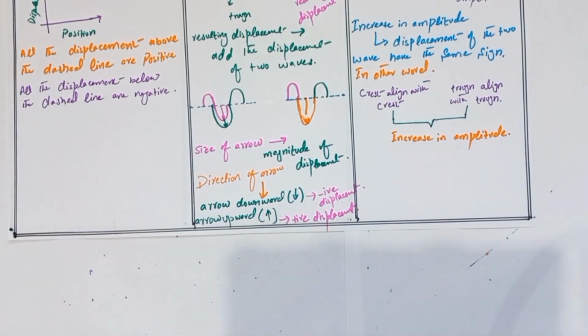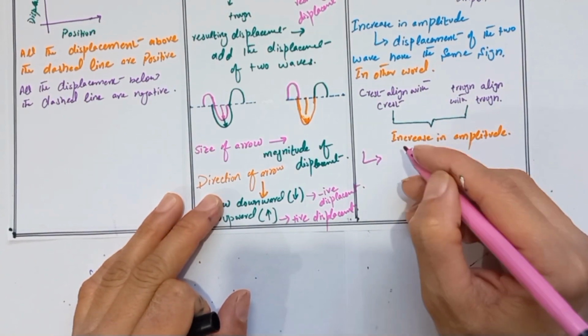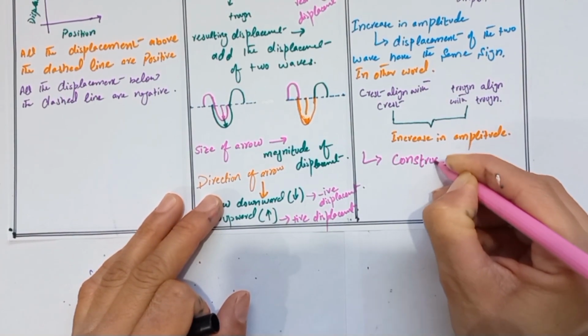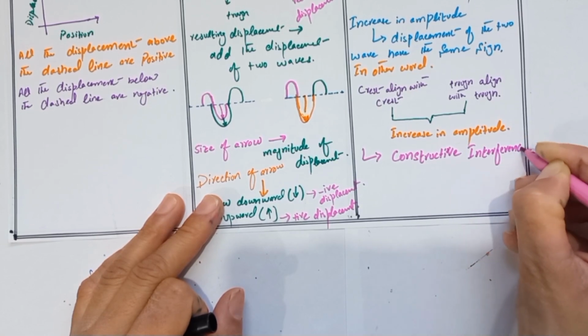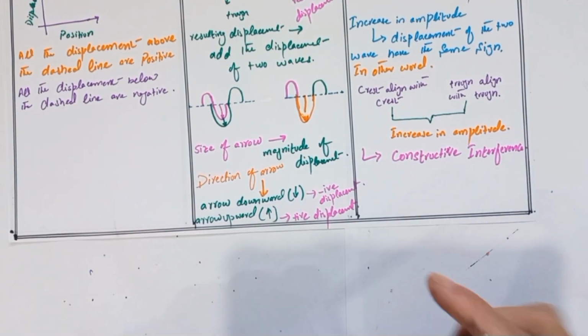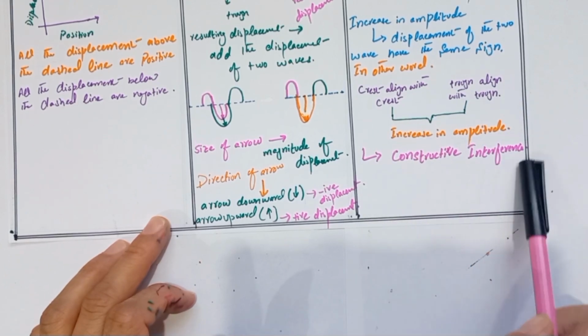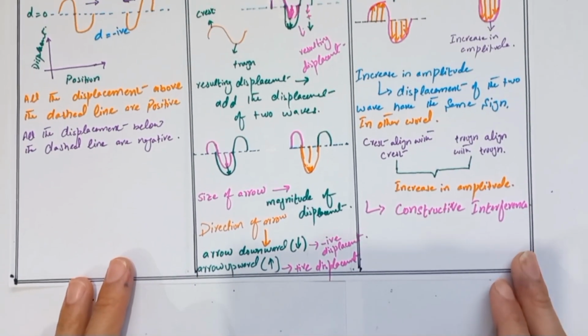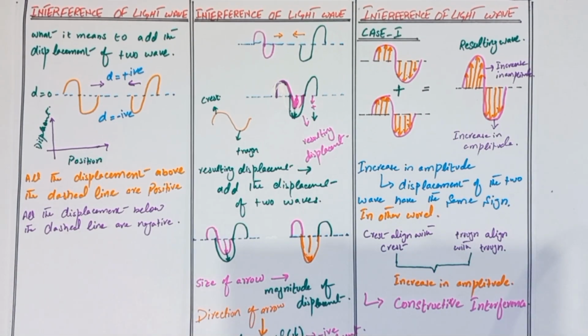When the amplitude increases, this process is called constructive interference. Constructive interference happens when crest aligns with crest and trough aligns with trough. That is all for today's lecture.